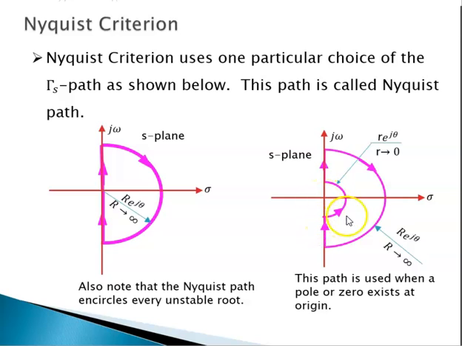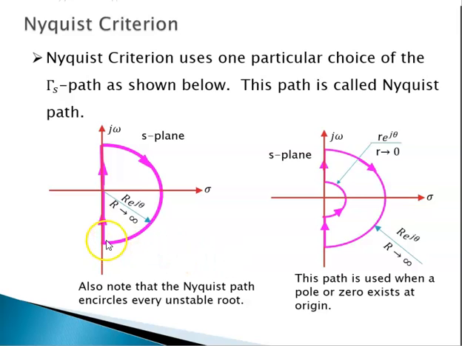So we use a small circle just small enough to avoid the 0 at the origin. Thus we say this radius tends to 0. It's not equal to 0 but tends to 0. Similarly, this big semicircle has to encompass the entire right hand side of the imaginary axis. So we say this big R tends to infinity.